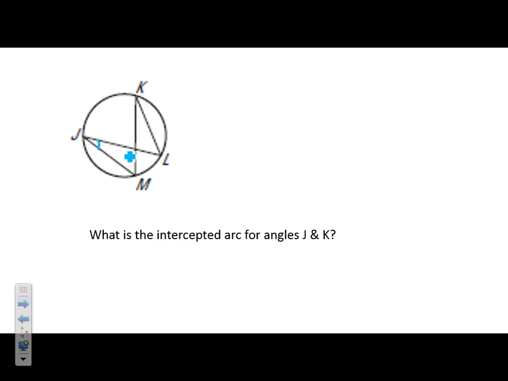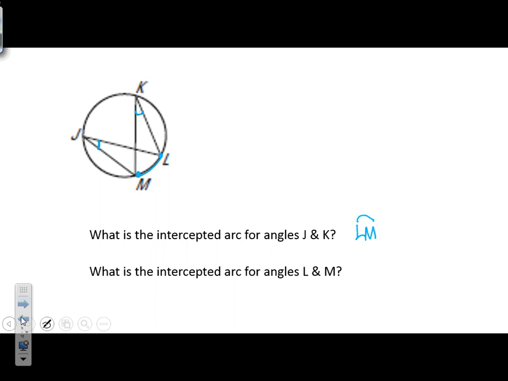Angle J is there, and its intercepted arc is LM. And there's angle K. Well, guess what? Its intercepted arc is also LM. So the intercepted arc is LM for both of those angles. Okay, what's the intercepted arc for angles L and M?